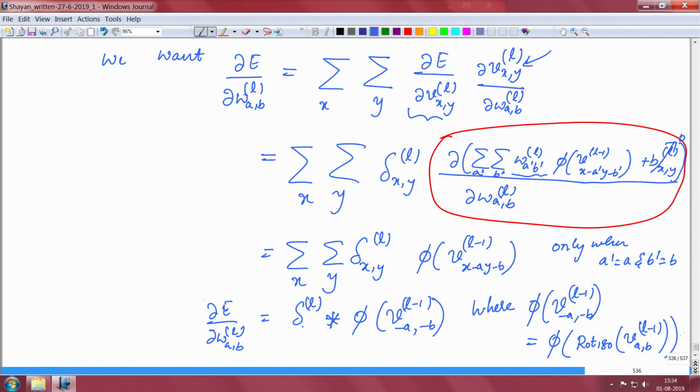So now we have the gradient of error with respect to the weight parameter, and one can use this information to update the weight parameters.